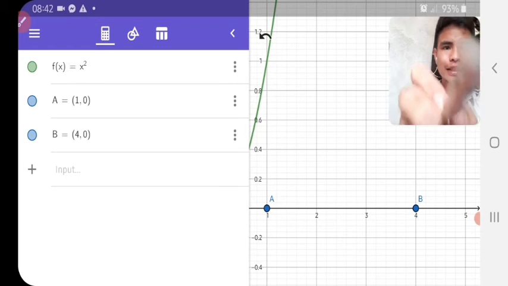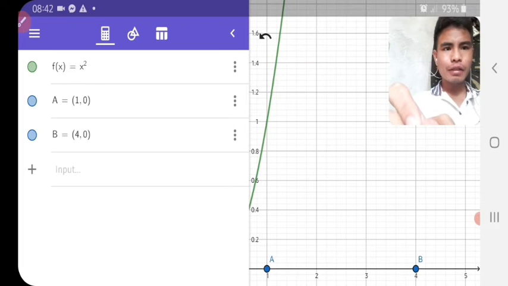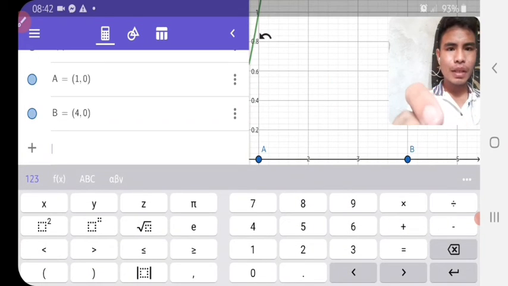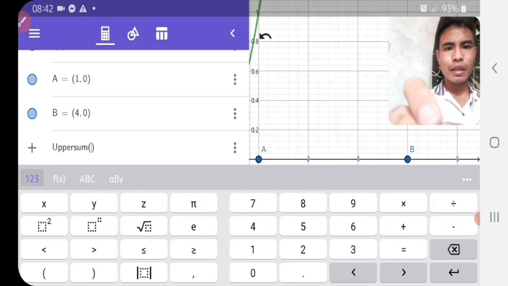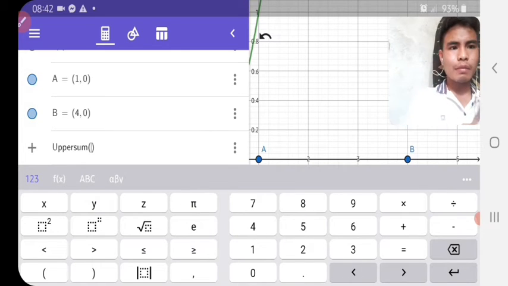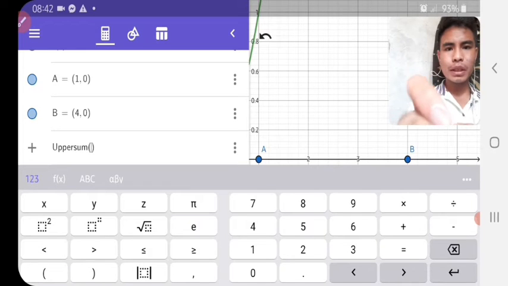Our concern here is to find the area of a curve. In ancient times, to find the area of the curve, they drew rectangles, used the area of each rectangle, and added all the rectangles they had drawn just to approximate the curve.